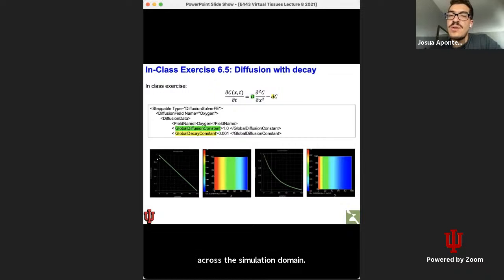And we showed that without the global decay constant, as I explained before, the concentration profile decays linearly from the source. And when we include the decay, the concentration profile decreases exponentially from the source. And then the concentration profiles look quite different.